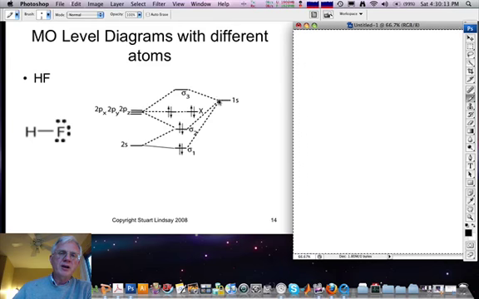So here is the 1s state of hydrogen, and it hybridizes with the p x, y, and z states of fluorine. There are 7 electrons in fluorine now in the 2p states and 2s states, and 1 from hydrogen, giving you a total of 8 electrons.